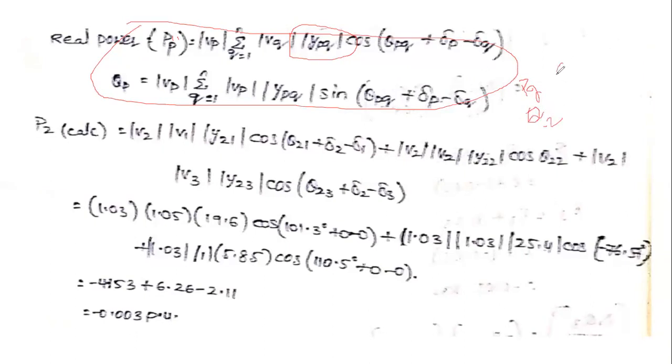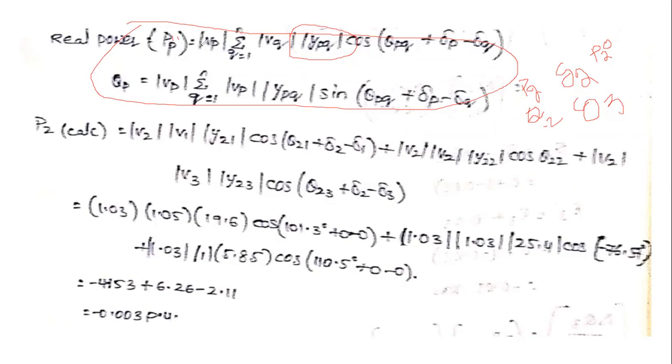After calculating this P2, Q2, we calculate delta 2 and delta 3. Next we calculate delta P2, that is P2 specified minus P2 calculated, same as in the Newton-Raphson method or decoupled method. These two are the basic formulas.